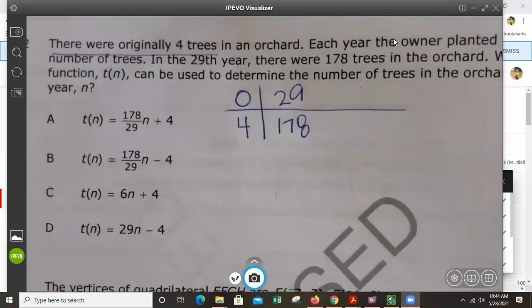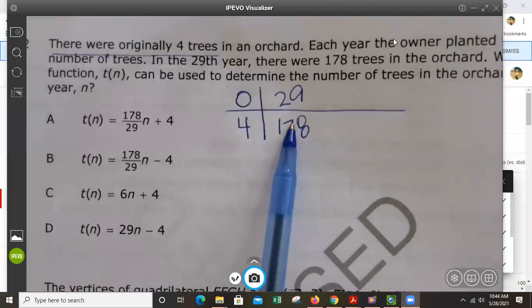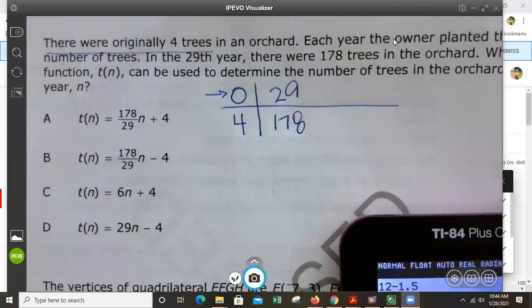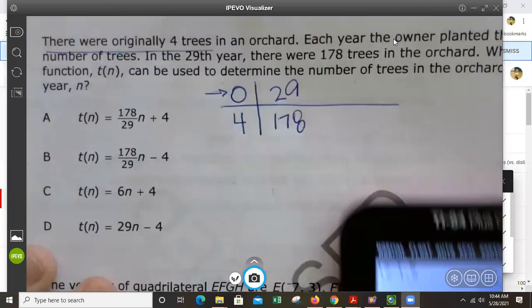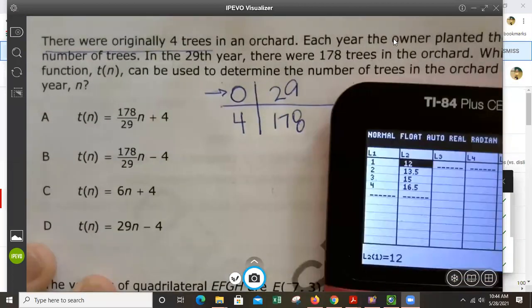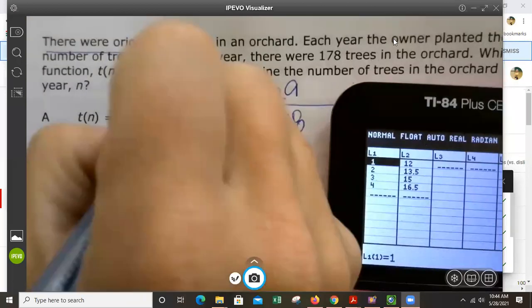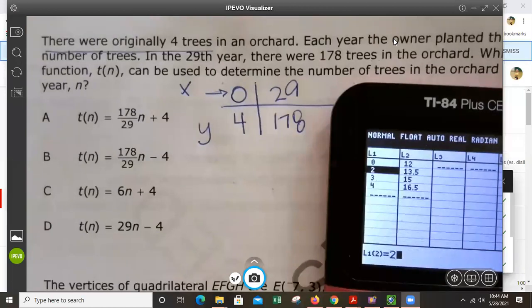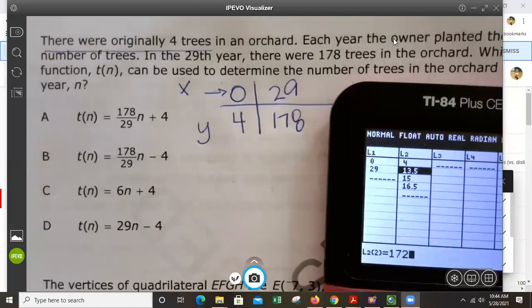I can put this into my stats. Everybody understand that? What they tried to get you to mess up on is this right there. Remember, if it's a start, it's got to have a 0. Okay, so I'm going to go to stat and edit. These are my X's. These are my Y's. So 0 and 29, 4 and 178.